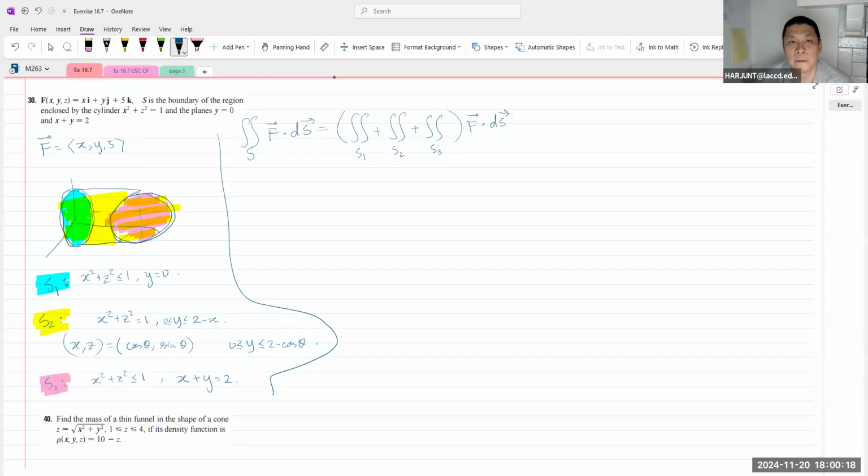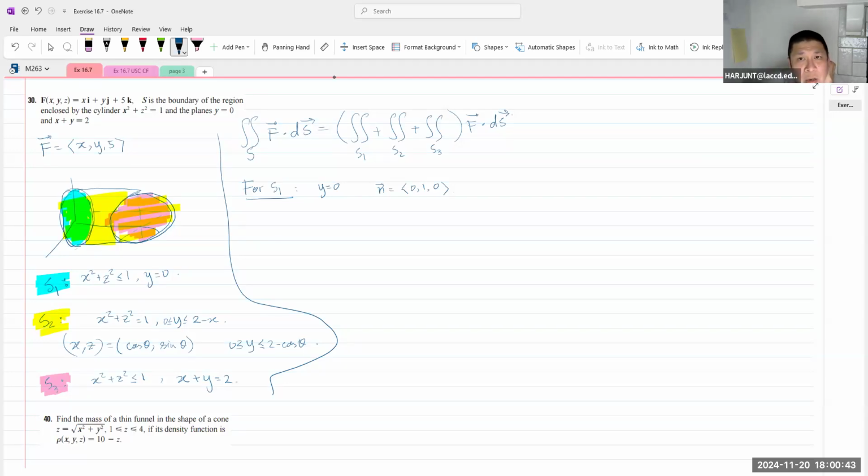Now over S1, the first surface, the one in blue, y equals 0, right? So the normal vector will be 0, 1, 0, a unit normal vector in the positive direction.